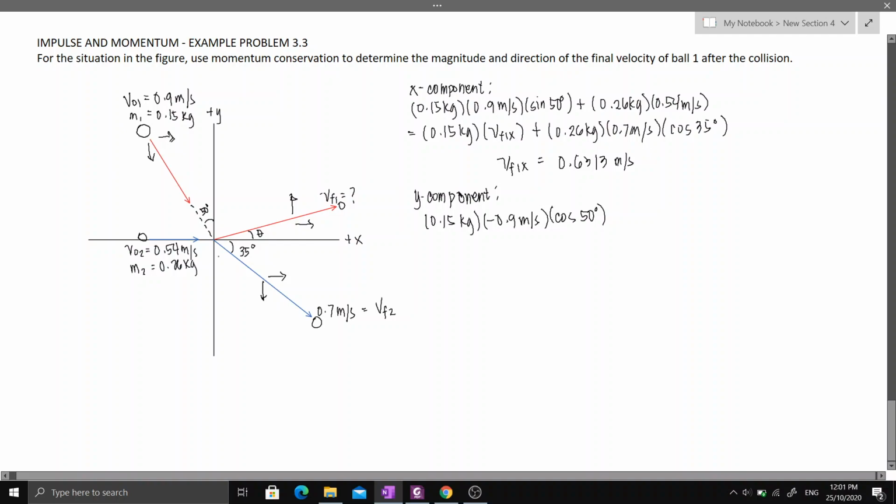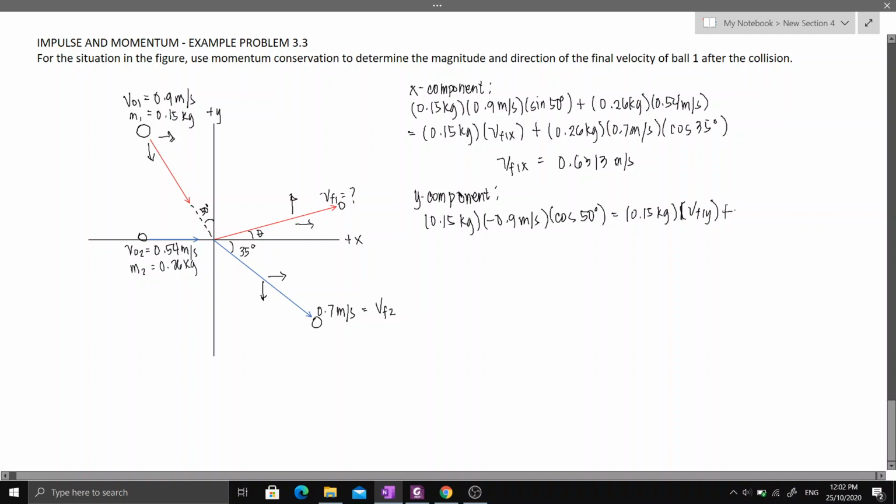And since the second ball is initially directed to the positive x-axis, it has no y component. So we will now move on to the other side. This is equal to 0.15 kilograms times the positive y. So let us assume that this is v sub f1y.